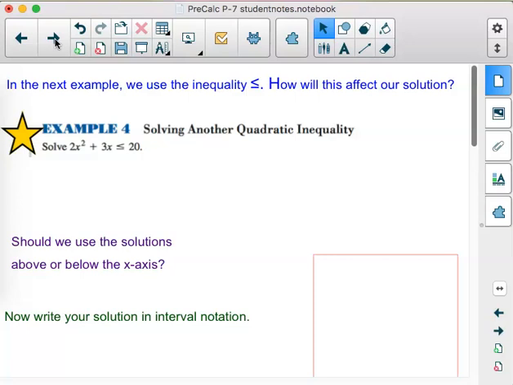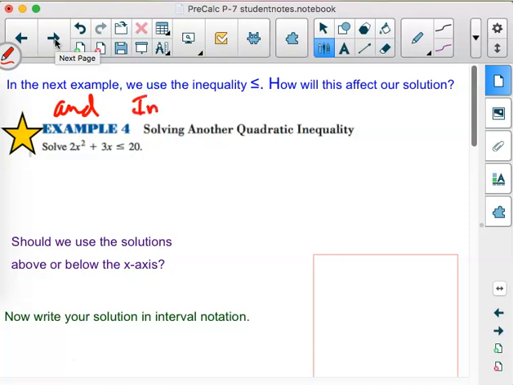All right, with less than, is it going to be an and or an or? I'm going to have an and. And then, because of that equals bar, we will have to include the endpoints. But the thinking is really similar to what we were doing before with absolute value.